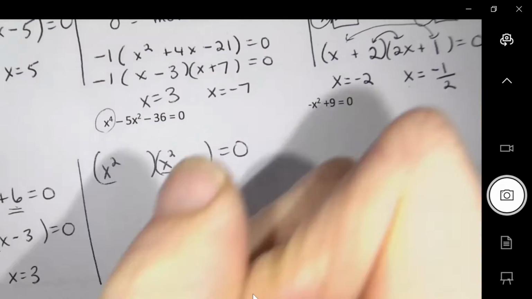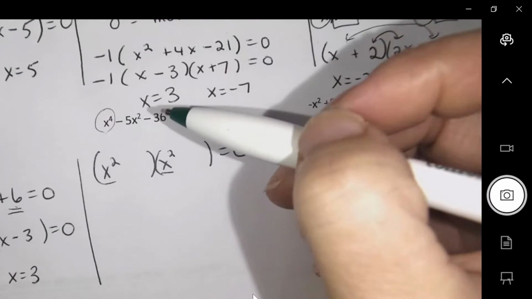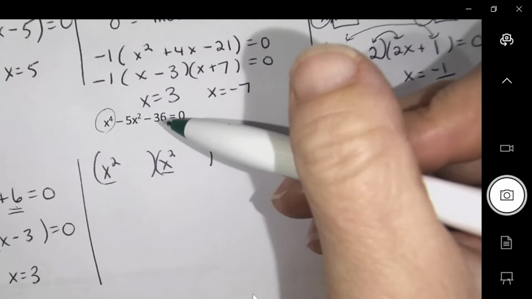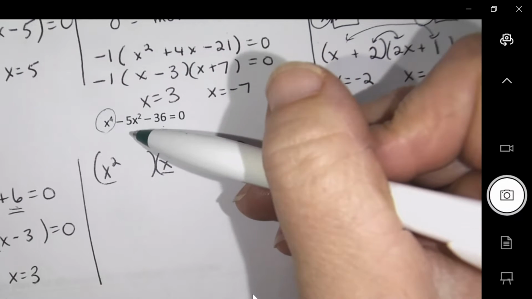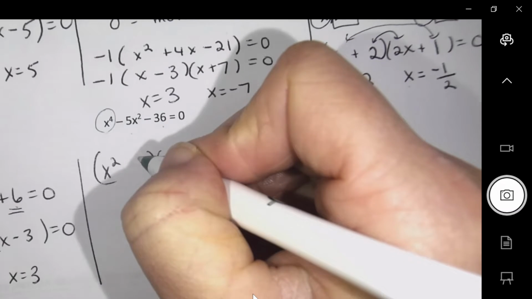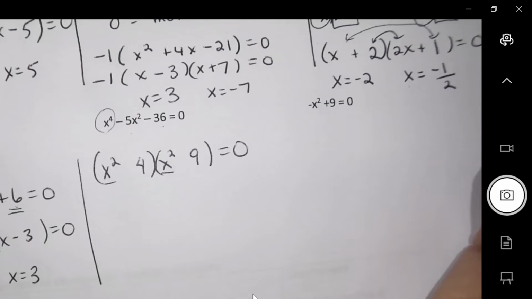X squared. So this is like a trinomial, but it's just with a higher degree. What times what makes 36? 6 and 6, but that won't get me a 5. What's another 36? 3 and 12 won't make 5. 4 times 9, yep, that. 4 times 9 is 36. I need to end up with a -5 out of that.